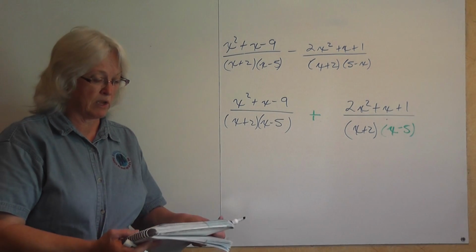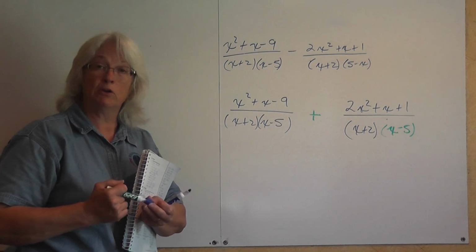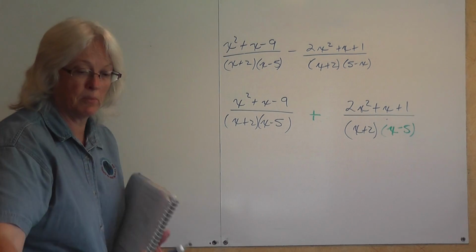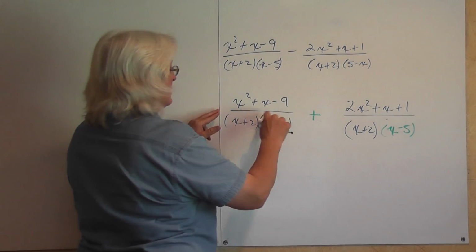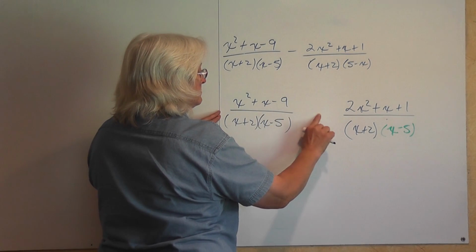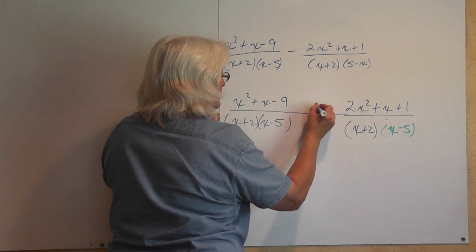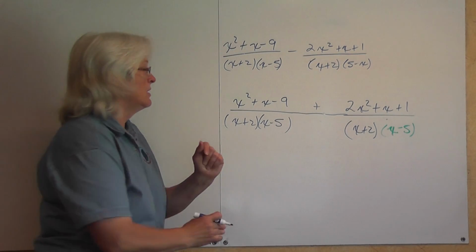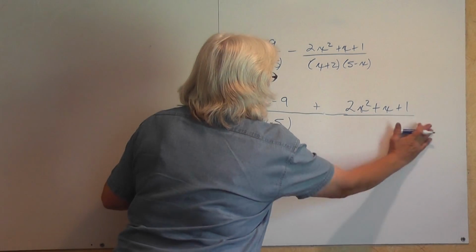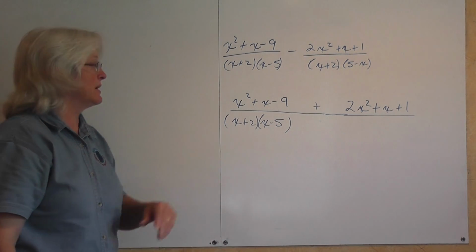And now we are at the point where you can combine your numerators and simplify because you have a common denominator. So we have all of this now simply an addition problem. So we're going to add together over our common denominator x plus 2, x minus 5.